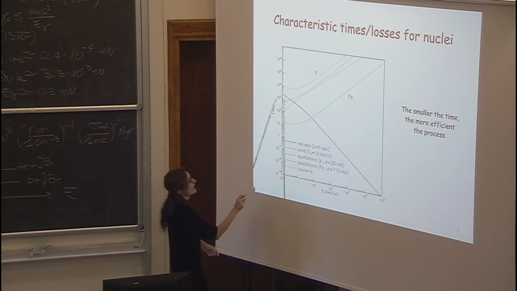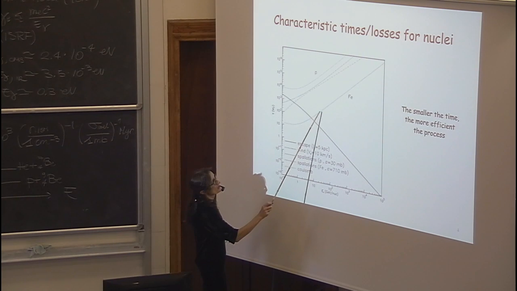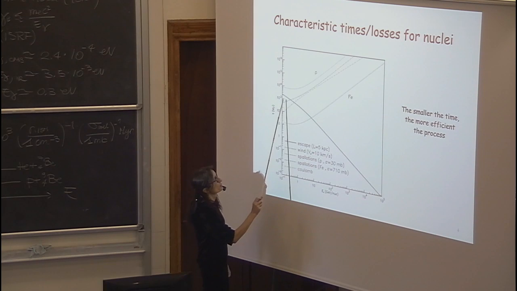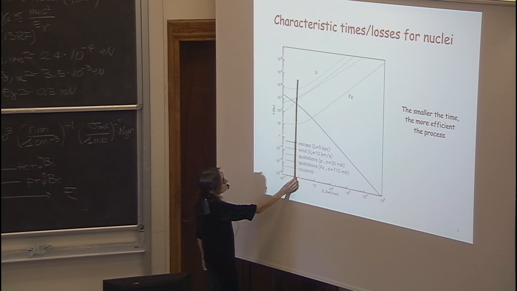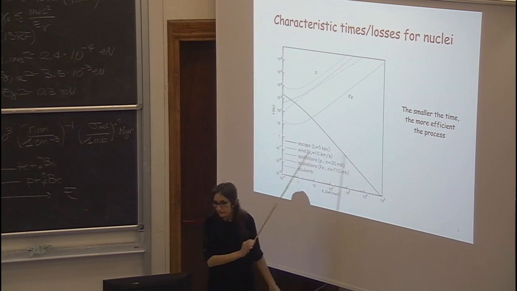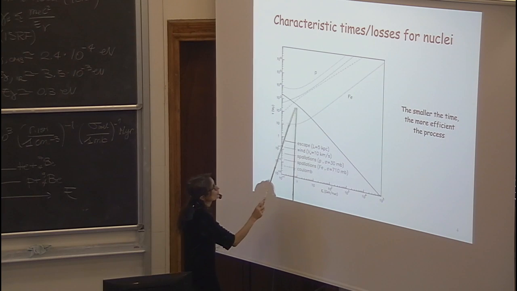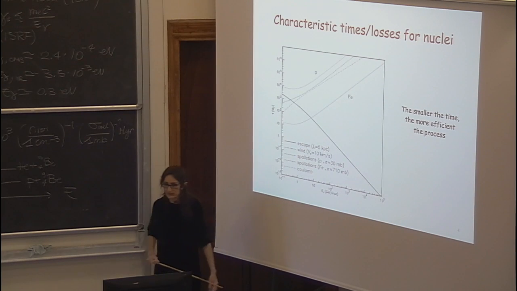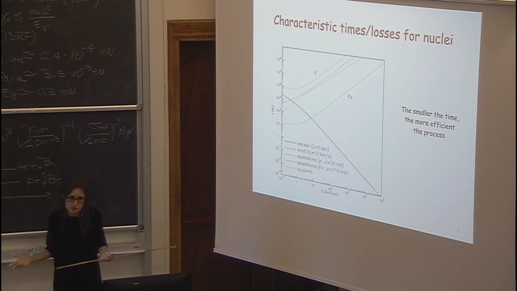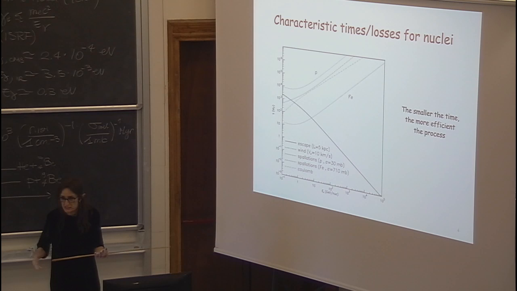And everything is done for protons, unless this line, which is for iron. So take protons. Protons, for energies, let's say, above hundreds of MeV, so low energy protons, let me say, for cosmic particles, are dominated by diffusion. That makes sense, because protons do not break themselves so much. The destruction of protons is very small.